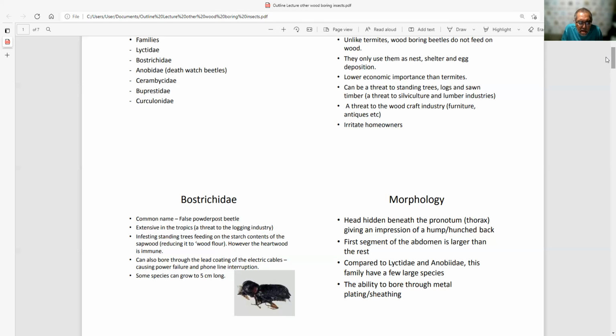diakibatkan. It impairs standing trees. Standing trees maksudnya pokok yang masih berdiri ataupun yang pokok yang masih hidup. Feeding on the starch contents. This is what I referred to earlier. They do not feed on the wood, but they feed on what is contained in the wood, and that is starch.